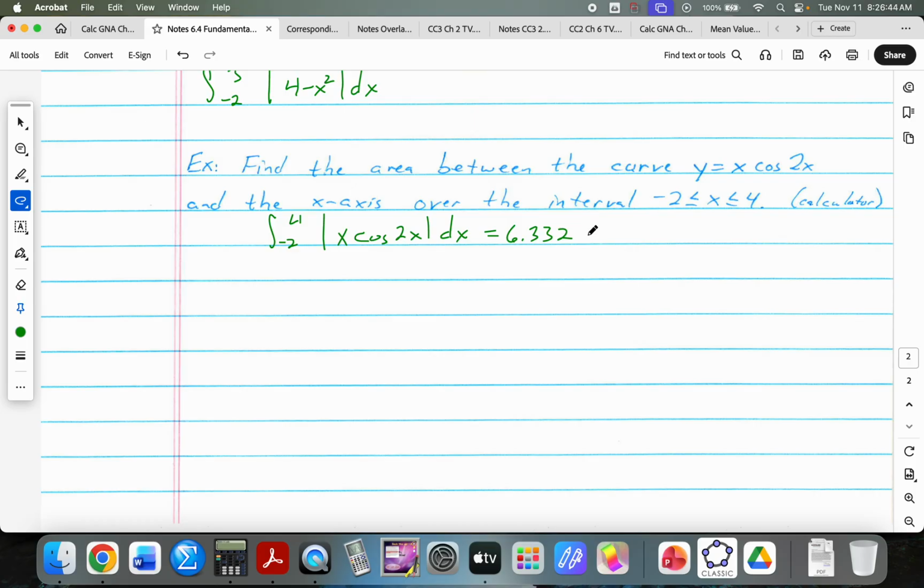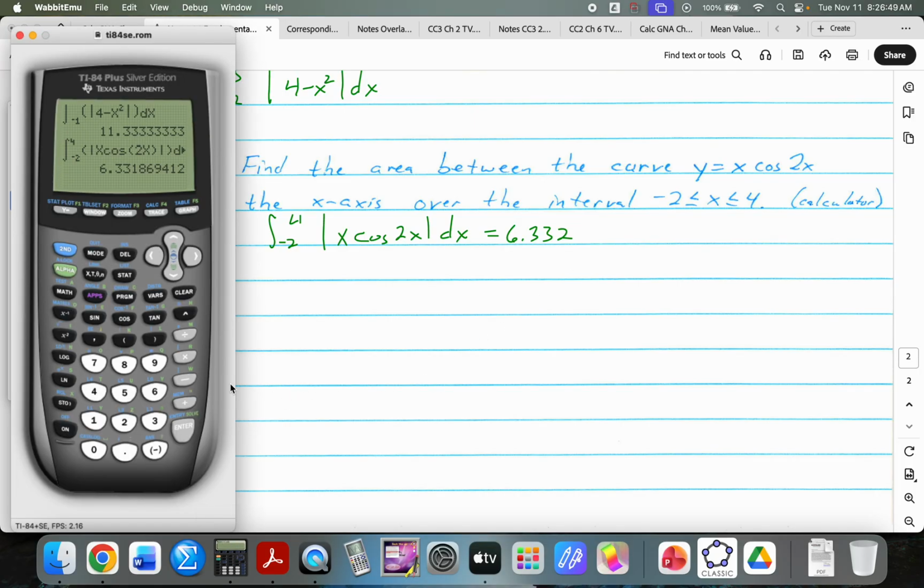Now, if you were not using absolute values on this, you would have to graph x cosine 2x, and I want my window to go from -2 to 4. I really don't know how big or how small that's going to go.